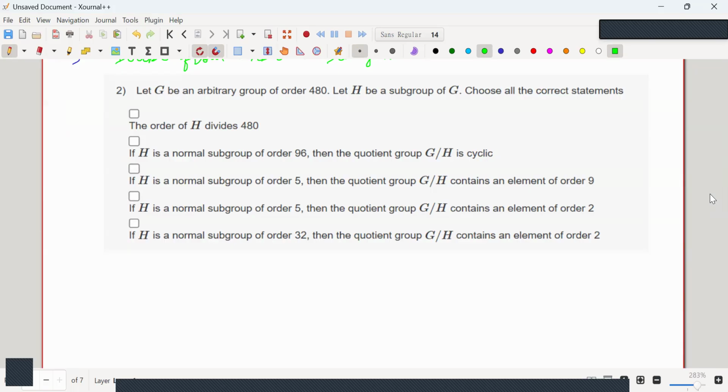Yes, sir. The order of G mod H is the order of G divided by the order of H, right? Yes, sir. Then you can get it.